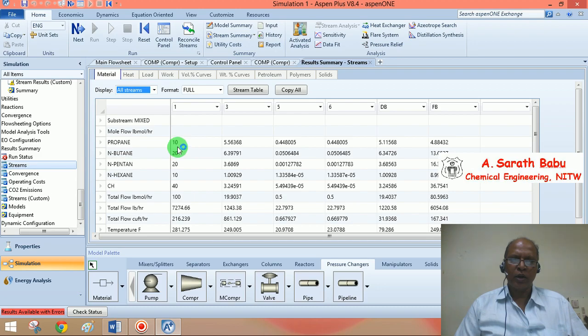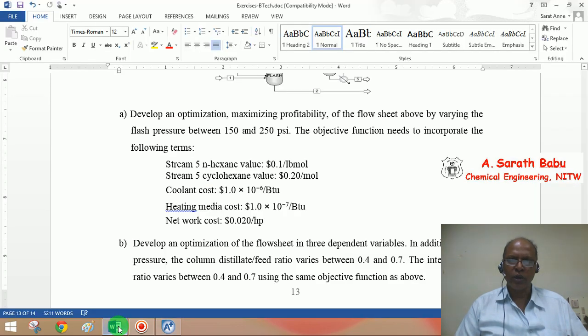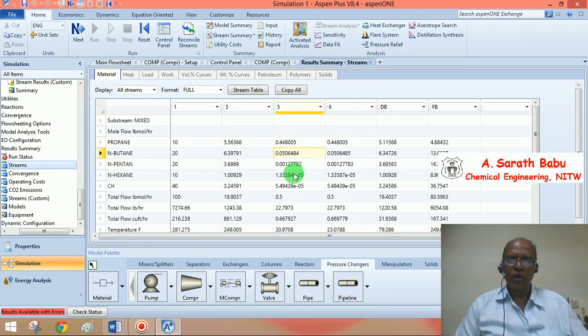So now out of 10 lb moles, stream 5, we were able to get very small amount of propane, small amount of N-butane, small amount of N-pentane. What is the product? N-hexane. So small amount of N-hexane and cyclohexane. Where is that happening?